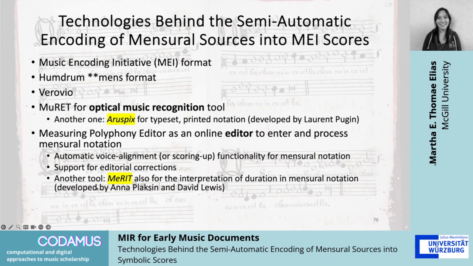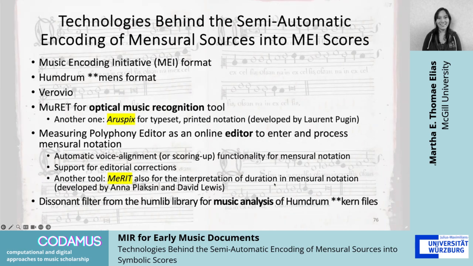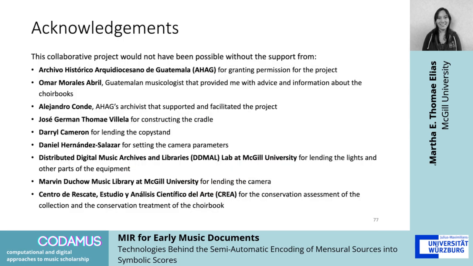It's developed by Anna Plaksin and David Lewis. And I also mentioned the use of music analysis tools like the dissonance filter from the humlib library, which is one tool from Humdrum.